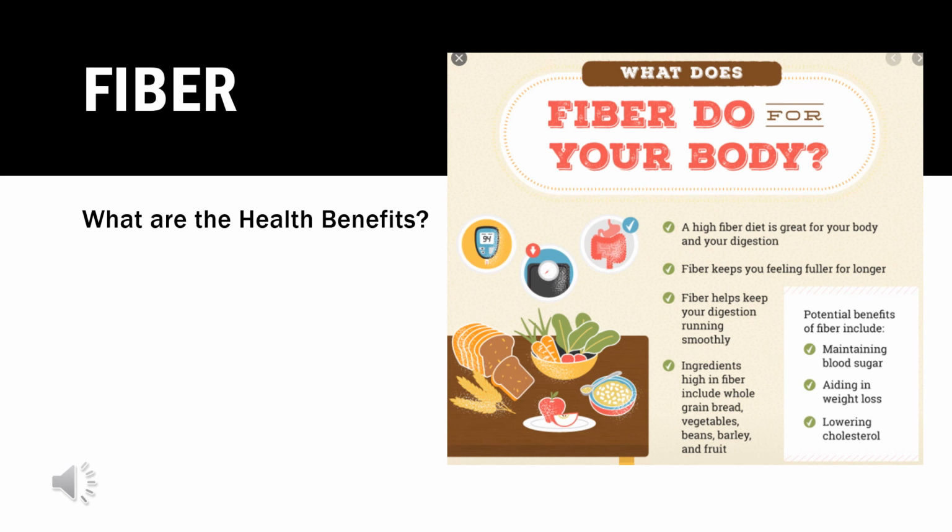You're not as hungry. It helps to maintain your blood sugar. So if I take in some carbs, if I also take in some fiber at the same time, it'll help to maintain that blood sugar. And eating high fiber can help lower our cholesterol. So those are all good things that can happen if you're increasing your fiber in your diet.